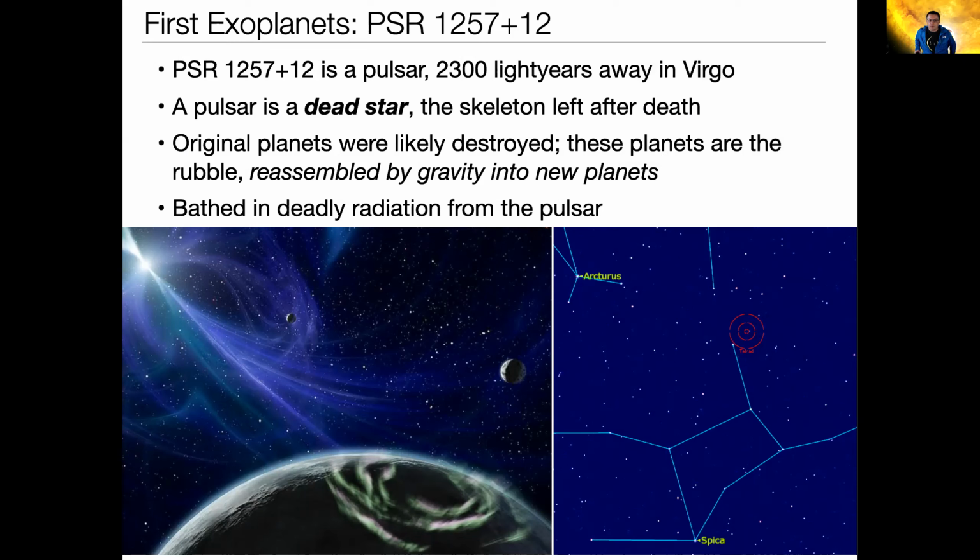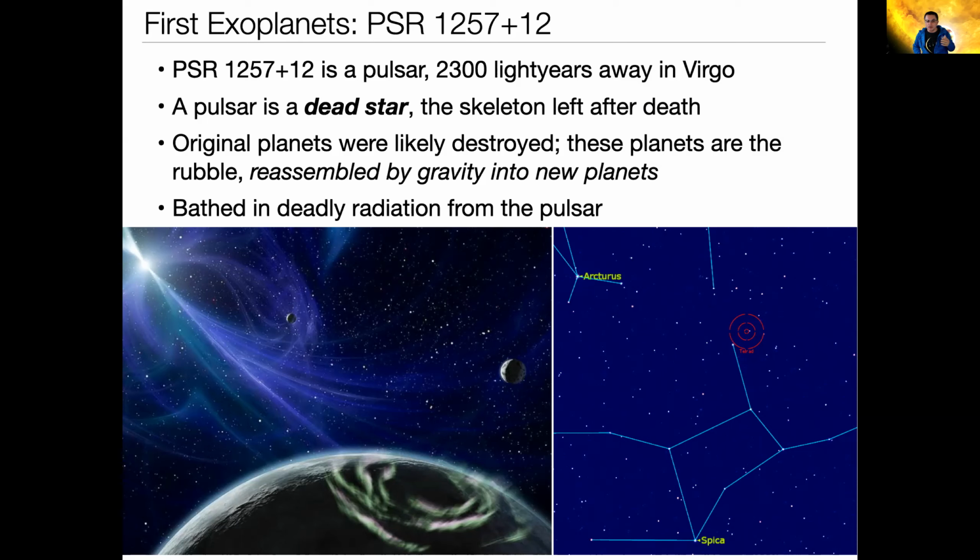And the reason we were able to discover them is because the pulsar is not an ordinary star. It's the skeleton of a dead star that forms after a star explodes at the end of its life. Okay, and we'll talk about that a little bit in the second half of lecture today. But in that explosion that destroyed the parent star, it almost certainly destroyed the planets.